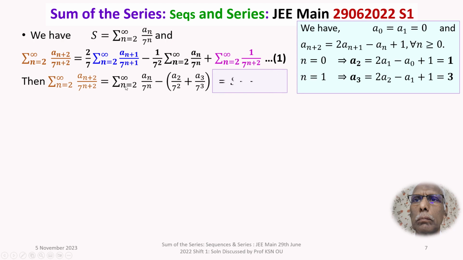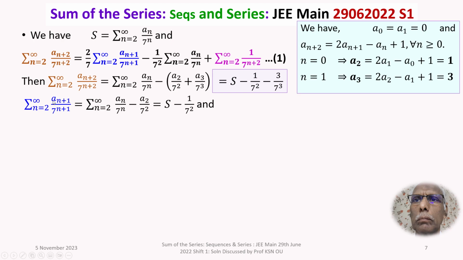So that will be equal to, this is your S, S minus 1 by 7 square minus 3 by 7 cube. Take this blue one, that is sigma n is equal to 2 to infinity a(n plus 1) by 7 to the power of n plus 1. The first term is a3 by 7 cube, but in S, it starts from n is equal to 2, that means a2 by 7 square.